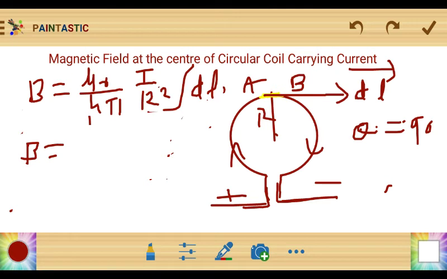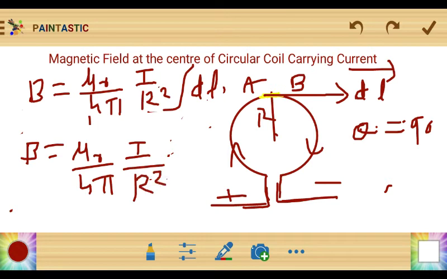L is the length of the complete circular coil, so the integral of dl is simply the circumference of that circular loop, which is 2 pi r.